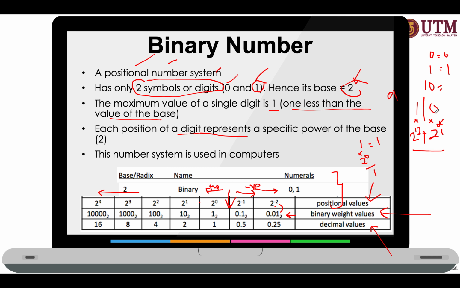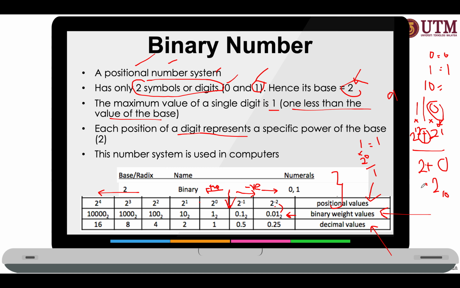So you get over here 0 times 1, every single digit times 0 you get 0, and over here 1 multiplied by 2 you get 2. So what is 1, 0? You get, this is the added part, 2 add 0. It is not 20, but 2 plus 0 equals 2 in base 10.